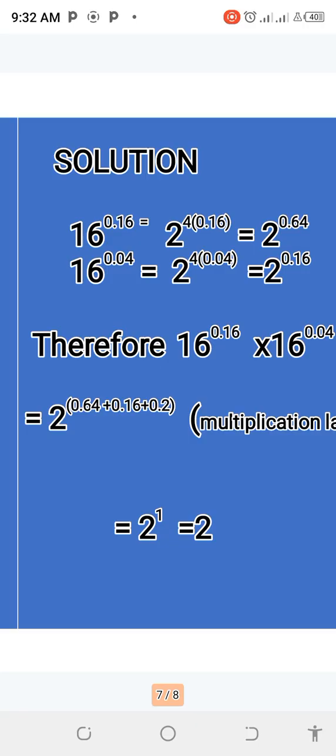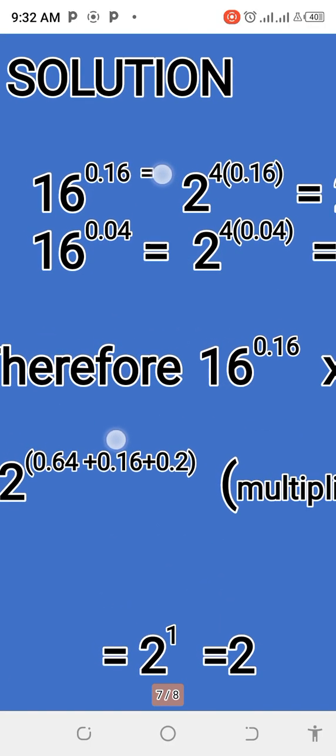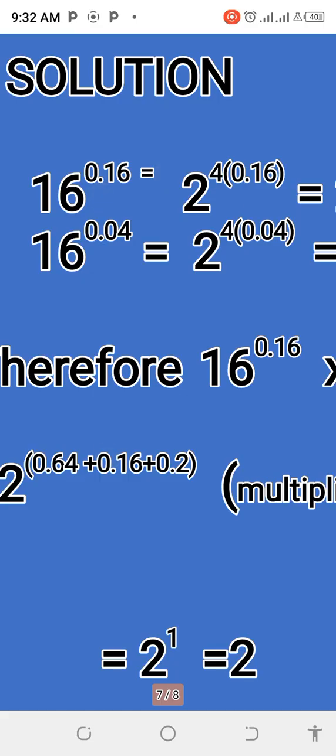Now 2 raised to the power 4 is 16. So this 16 becomes 2 raised to the power 4 into 0.16.